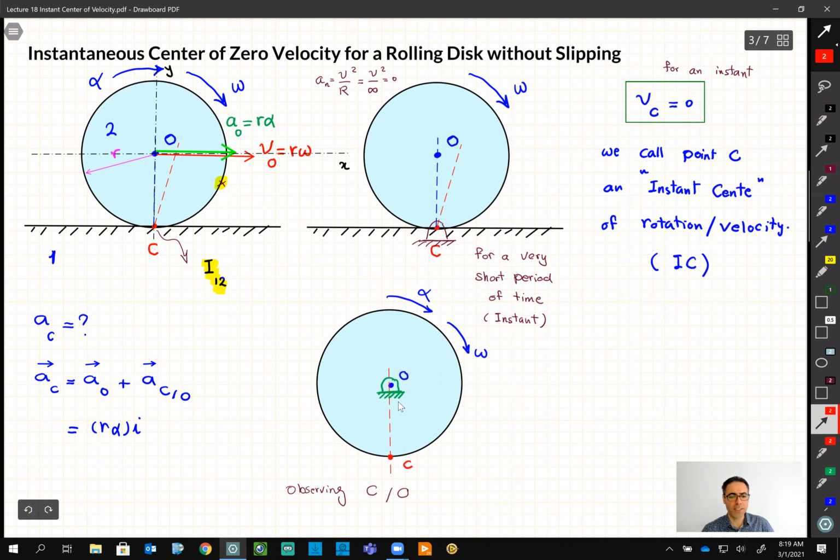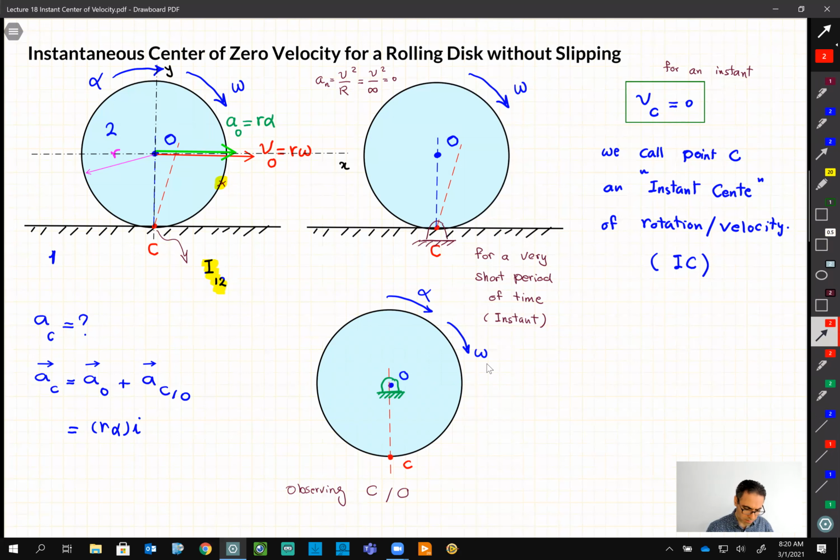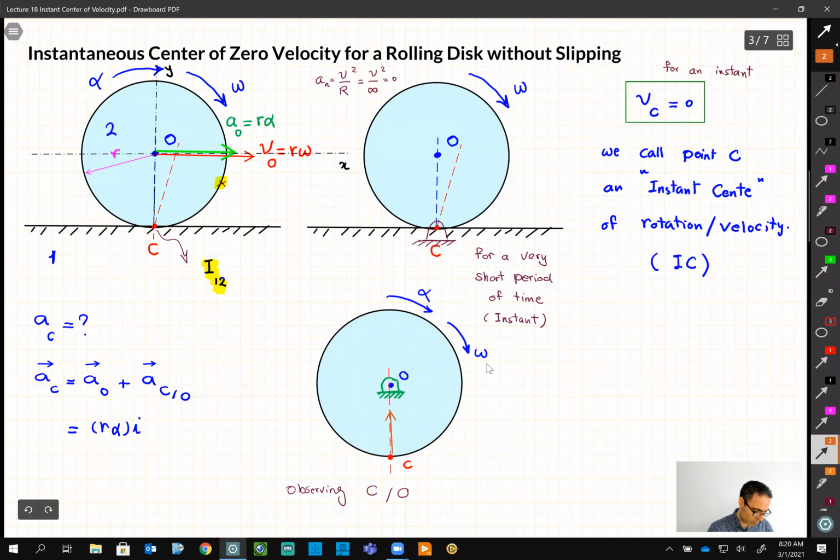We have a disk pinned to the ground at point O, and the person sitting at point O looks at point C. And the disk is moving with alpha and omega. So you should be able to tell me immediately. Yeah, you're right, some of you wrote it. This point should have a normal acceleration because it's moving on a circle, and a tangent acceleration.